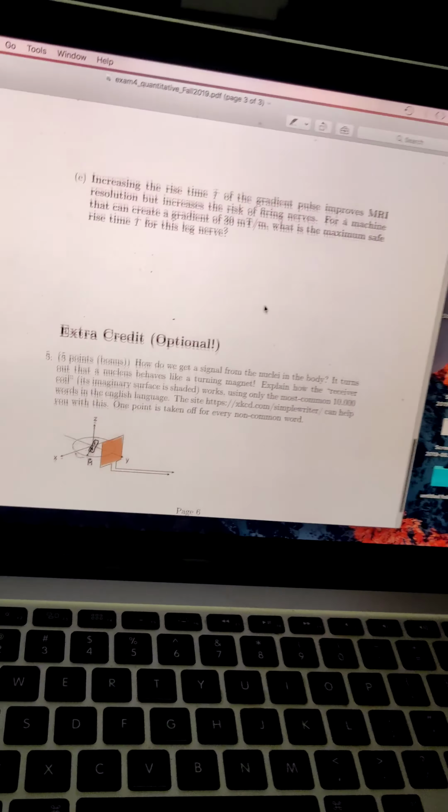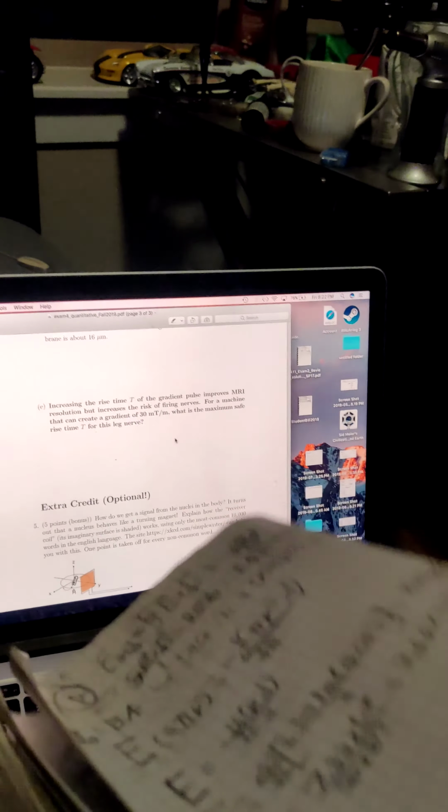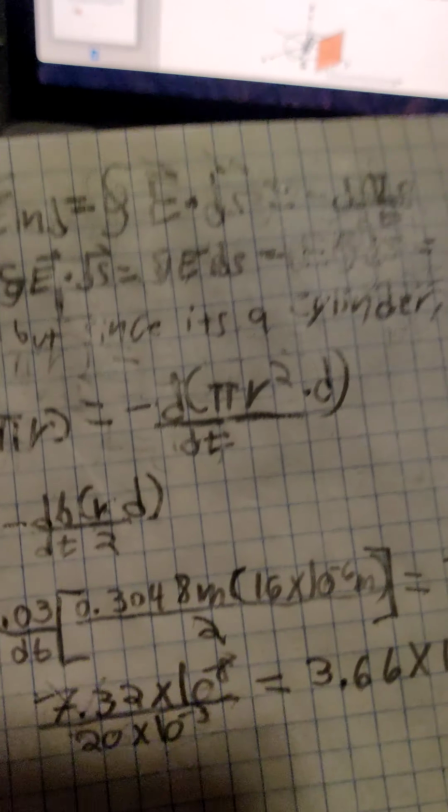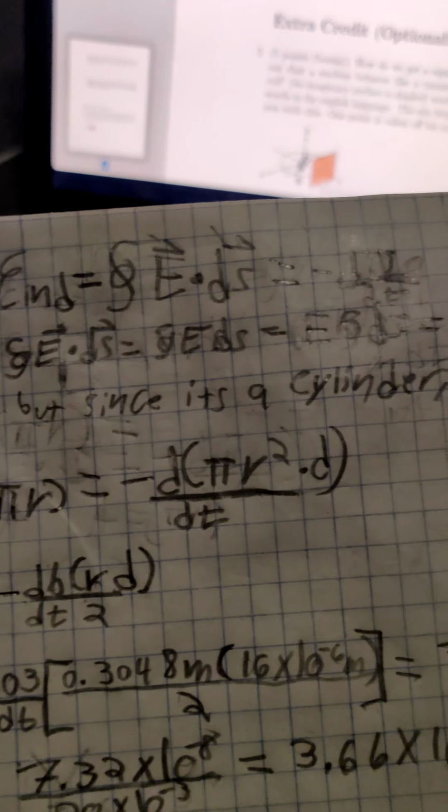So for part E, the tough one, the mean one. So what I did, I took Maxwell's equation and Faraday's equation and I set them equal to each other, right? Like right here, right?